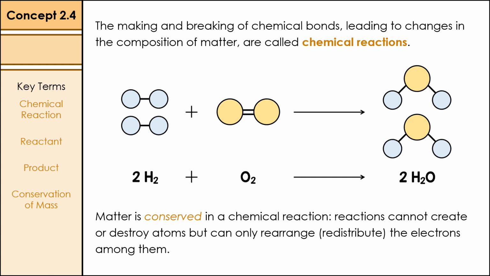So we can start with one piece and convert it to something else, something that might be more useful. Now, chemical reactions play a key role when we talk about the metabolism of an organism. Metabolism is the sum of all of the chemical reactions that are taking place within an organism.